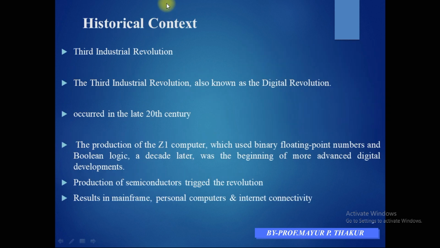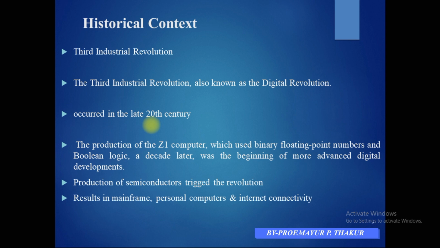Then came the third industrial revolution. The third industrial revolution is also known as the digital revolution, and it occurred in the late 20th century. Gradually, with the increase of computers and computing devices, peripherals, etc., the transformation in industry also happened.